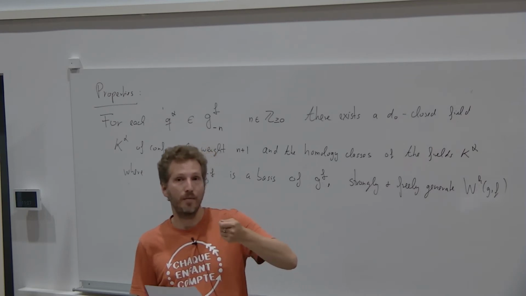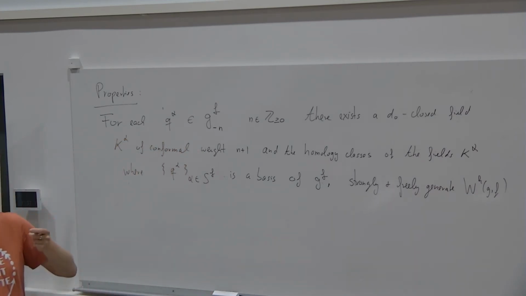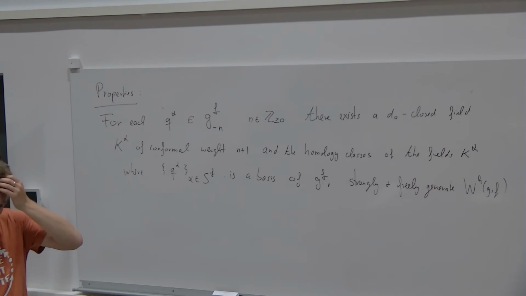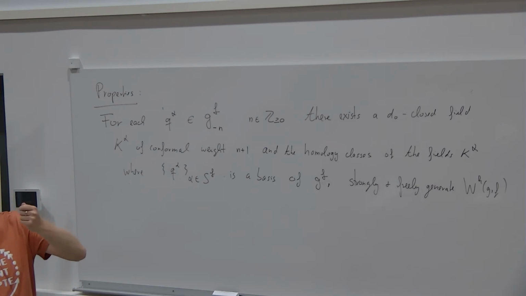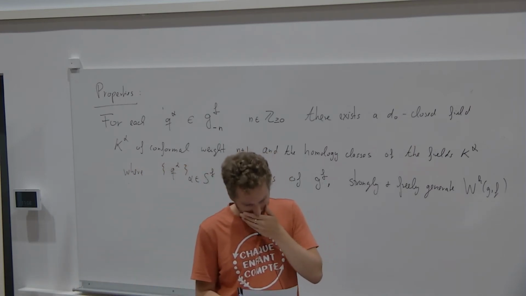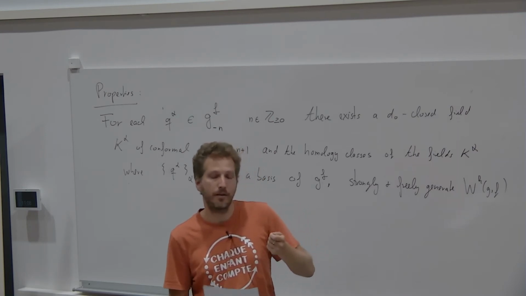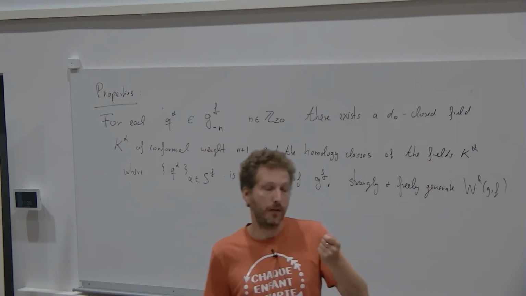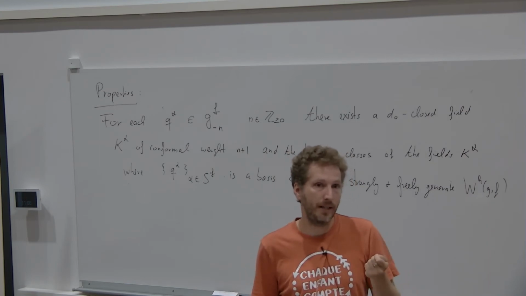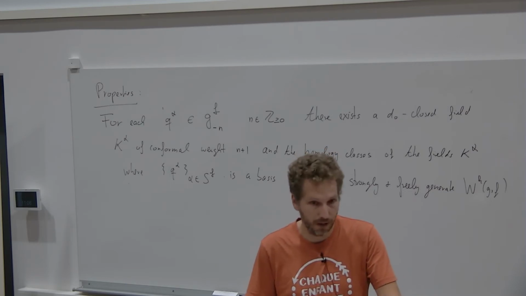So every mode corresponds to a derivative of a generating field, and in that sense, strongly generating means that every field you can write as a normally ordered polynomial of your generating fields together with their derivatives.